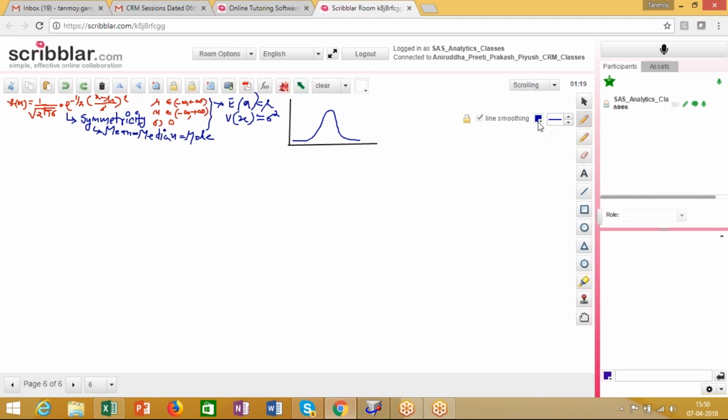When you have this normal distribution, if I split this into two parts, this part is where you have your mean.